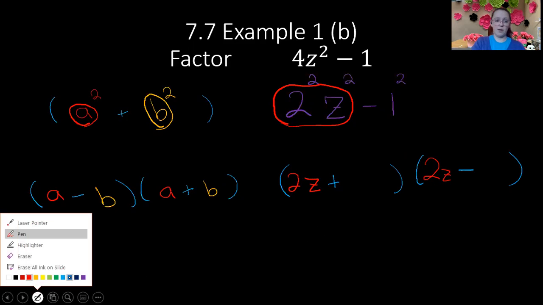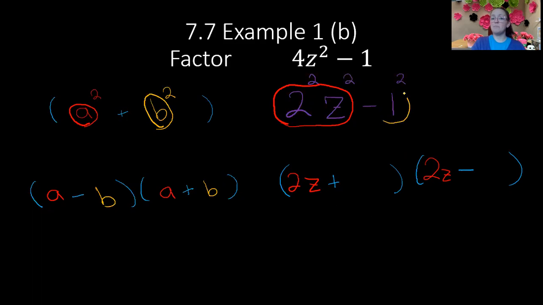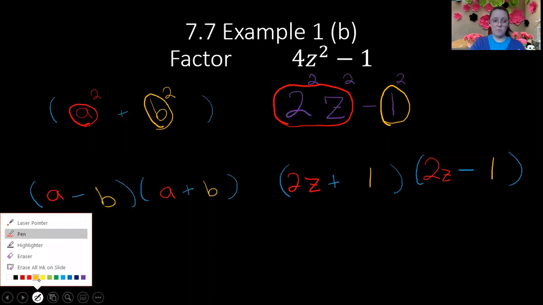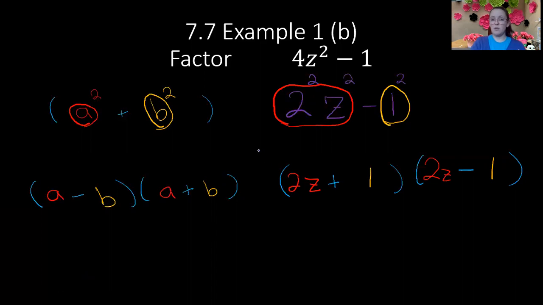And then we're going to grab what is being squared over here, this 1. This being squared over here, 1. And that's your solution. This is our factored form. Everybody needs purple. So this is our factored form right here.